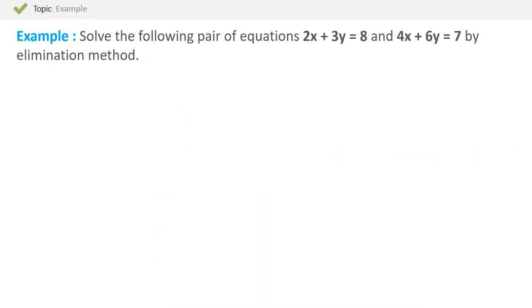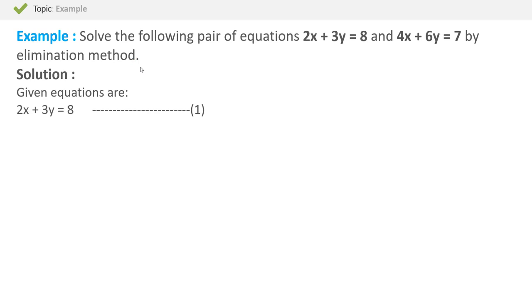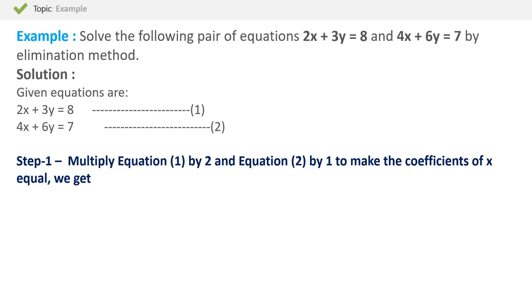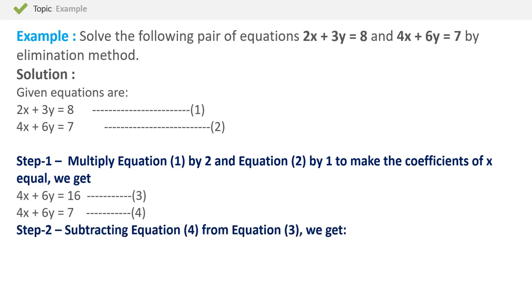Let's take one more example where we are trying to solve 2x plus 3y equal to 8 and 4x plus 6y equal to 7 by the elimination method. Here again we have the same equation 1 and equation 2, and now when we multiply equation 1 by 2 and equation 2 by 1 to make the coefficient of x equal, we get 4x plus 6y equal to 16 and 4x plus 6y equal to 7.